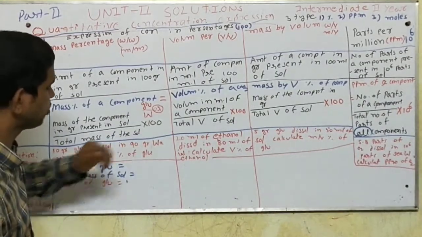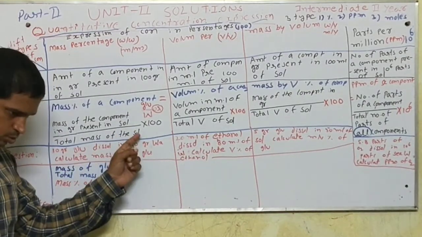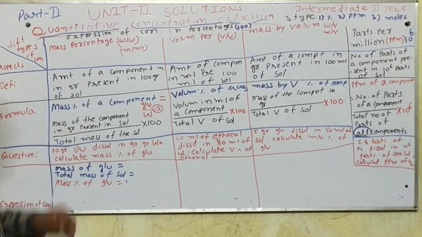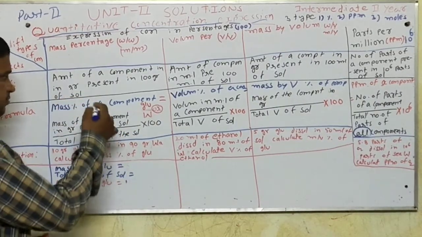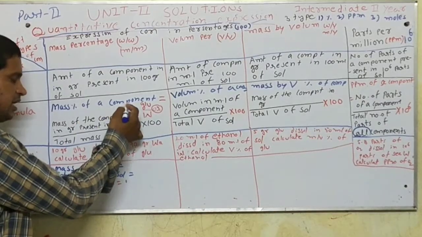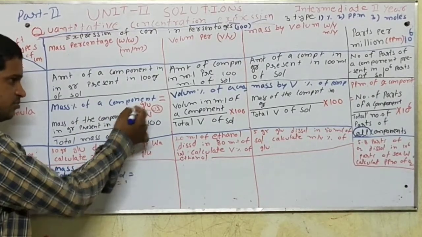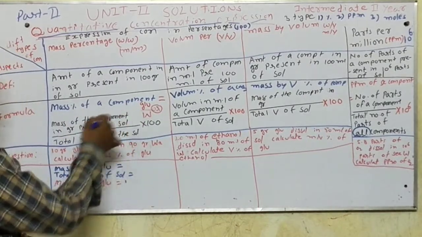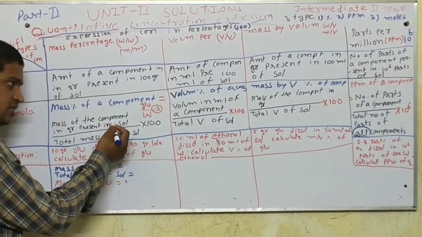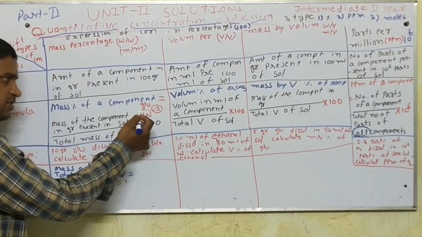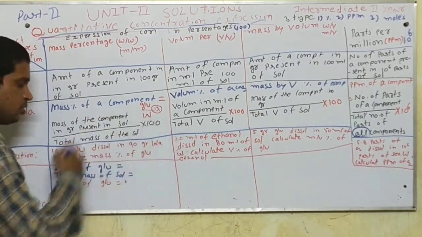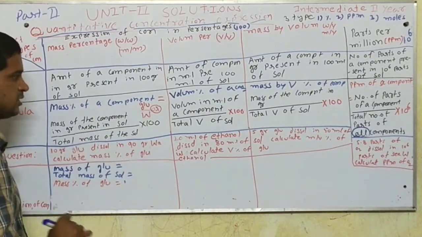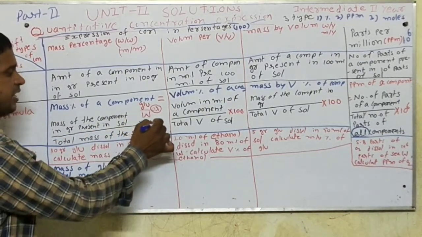In this we have two components, one is glucose, second is water. To calculate the mass percentage of a component, I am taking glucose as an example. The formula is: mass percentage of the component equals mass of the glucose divided by the total mass of the solution, multiplied by 100.